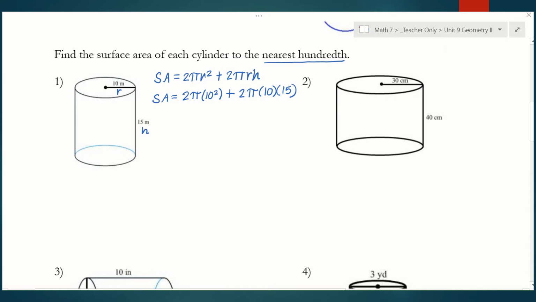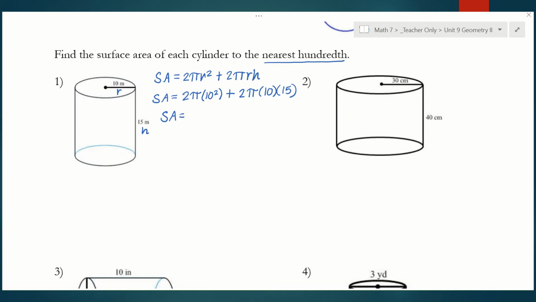So really, those are the only two numbers that you're plugging into your formula. Okay, so when you type this in your calculator, make sure you hit the pi key. So 2 times pi key times 10 squared, or 10 times 10, plus 2 times pi key times 10 times 15.